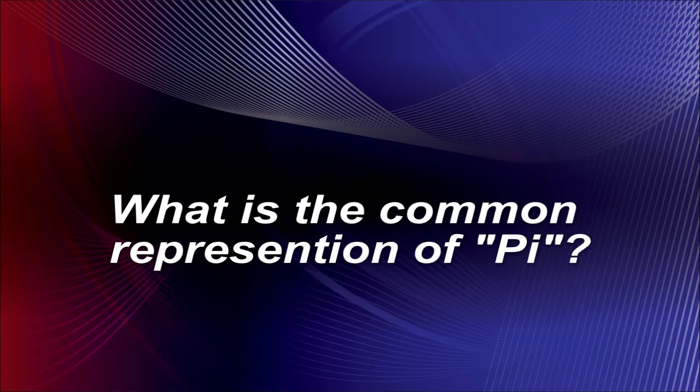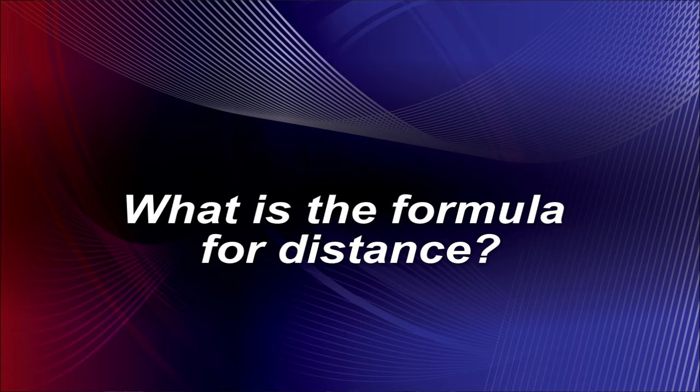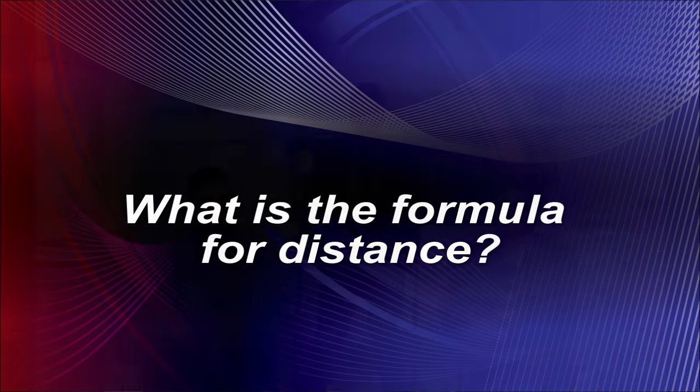All right, and for our second question, we have, what is the common representation of pi? Mike? Simple, similar to N with a line on top and 2 lines coming out of it. Yep, that is correct. Kind of hard to draw. And for our third question, we have, what is the formula for distance?